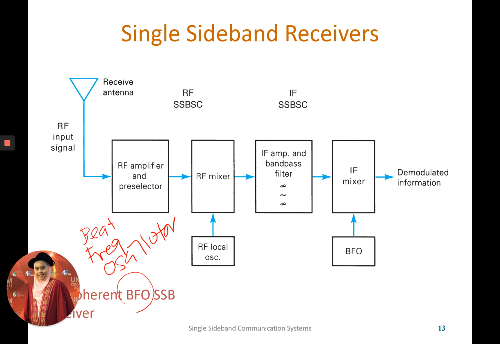From this block diagram, once the modulated signal is received by the antenna, it will pass through the RF stage, and then we have the RF mixer, and then it will produce the IF. In the IF, different from what we learned in chapter 5, there is one more mixer in the receiver, especially for the SSB signal.